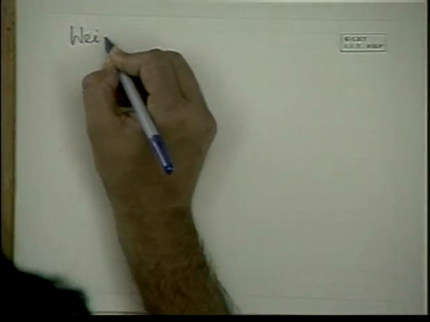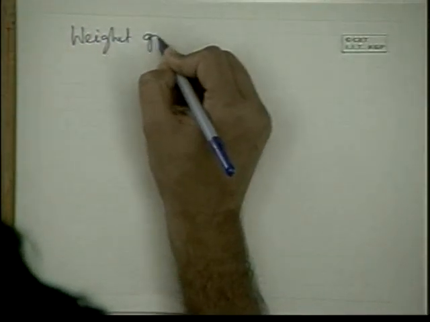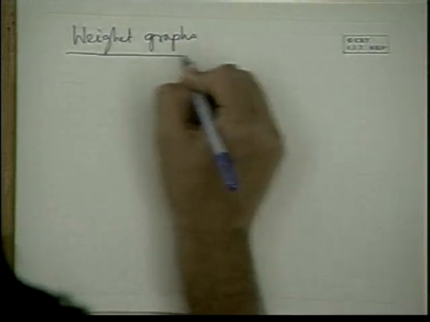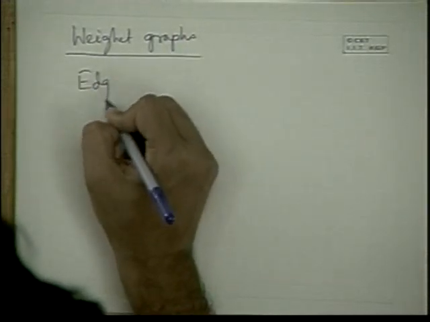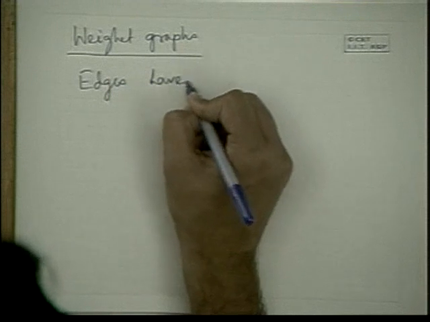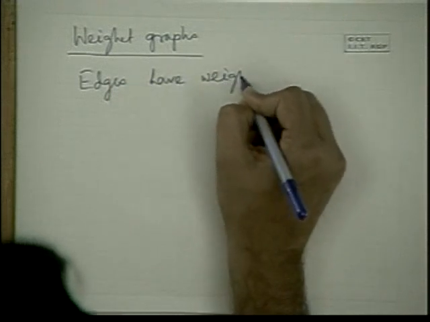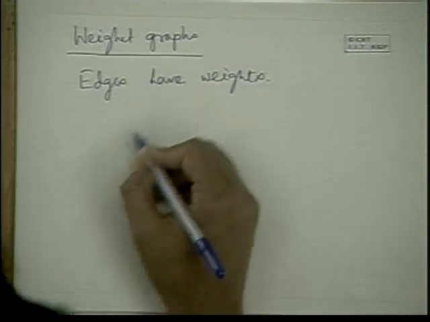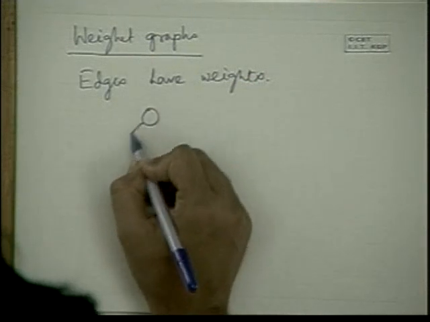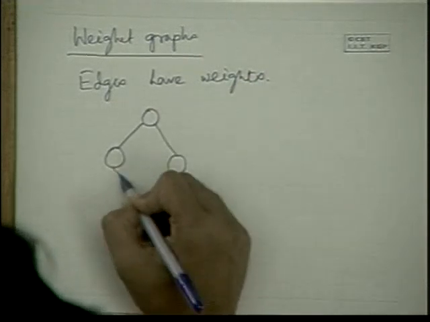Now there is another version of the graphs which are called the weighted graphs. What are those weights? In this case, edges have weights on them, some values. So for example, the previous graph, let me redraw it again.